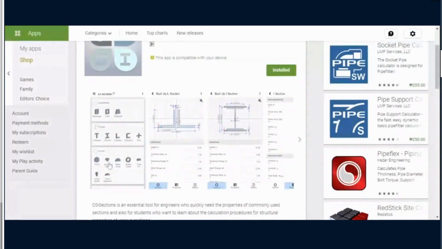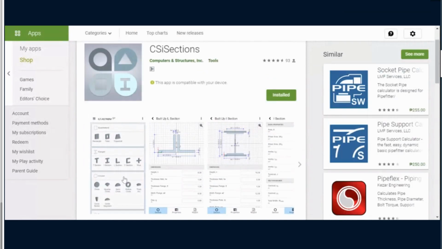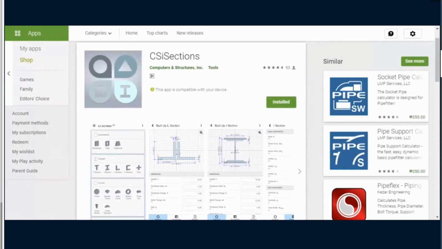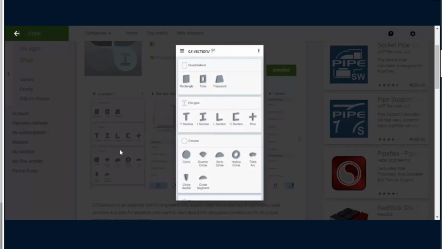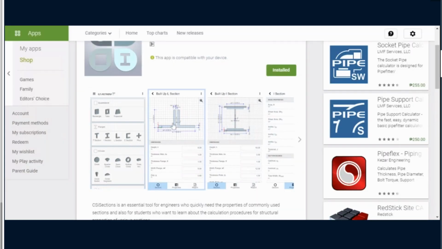Especially if you want some built-up sections, you can use this one. The difference between CSI sections and CSI steel is that CSI steel is mostly for hot rolled sections. But with CSI sections, you can use any section. If you want a rectangular tube, trapezoid, a T section, I section, circular, all types of shapes, you may use it here.